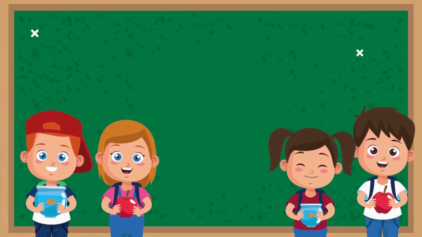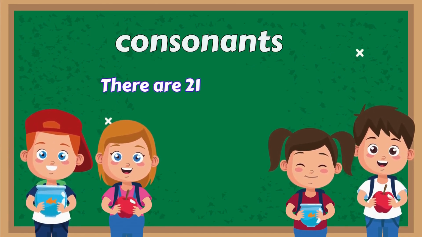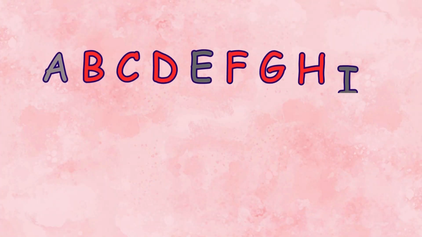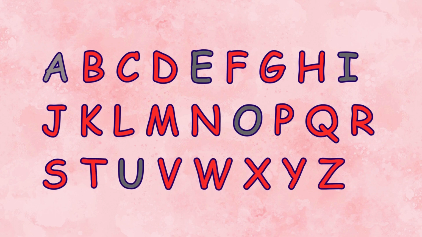Now, let's talk about consonants. There are 21 consonants like B, C, D, F, G, H, all the way to Z. These are letters where your mouth closes and gets narrow when you say them.